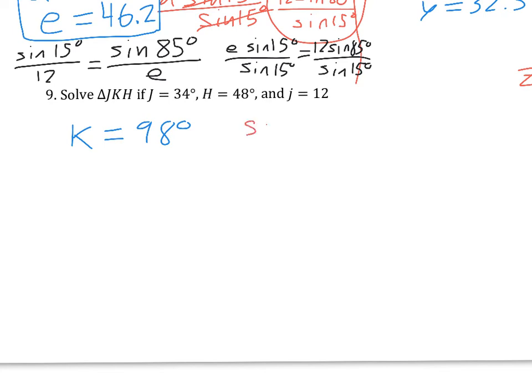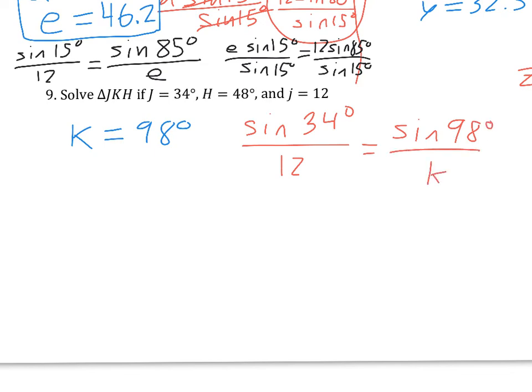So sine of angle J over 12 equals, and we need to find K and H. So I'm going to do K first. Sine of 98 degrees over K, lowercase k. Cross multiply.